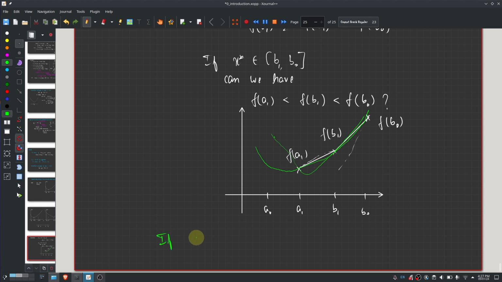So if f of a1 is less than f of b1, which is less than f of b0, then the minimum is going to lie in between a0 and b1. Which means that now I can reduce the search space from a0 b0 down to a0 b1.